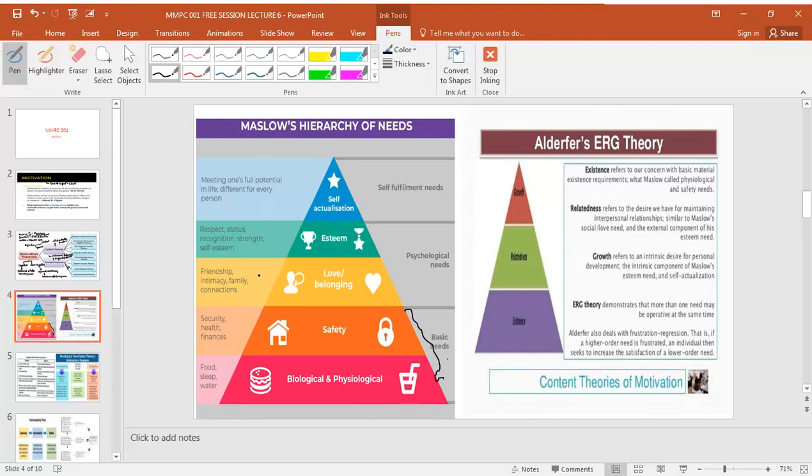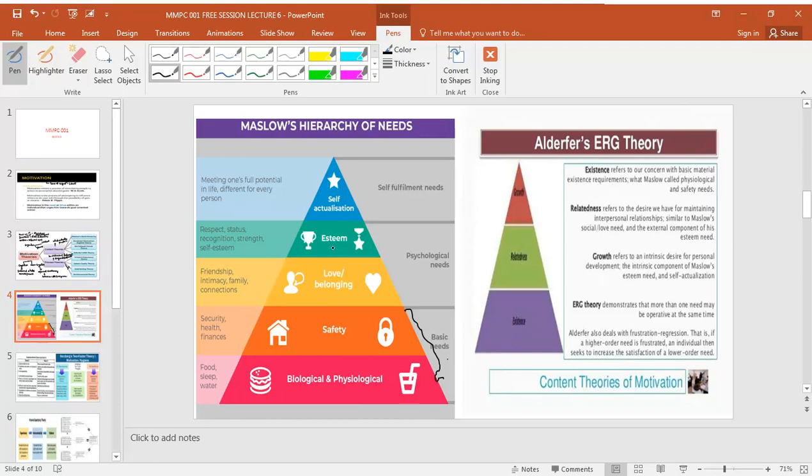Now when we move up the ladder, we come across the next level, that is the social needs, or love and belonging: you need intimacy, friendship, and family connection. That is the third level from the bottom. After satisfying the social needs, you need esteem needs.